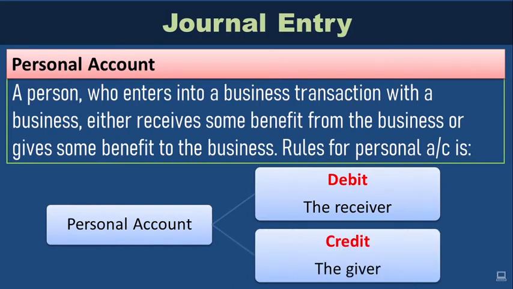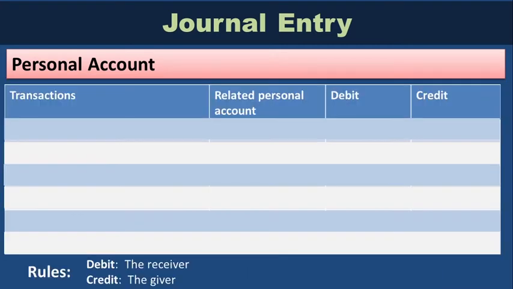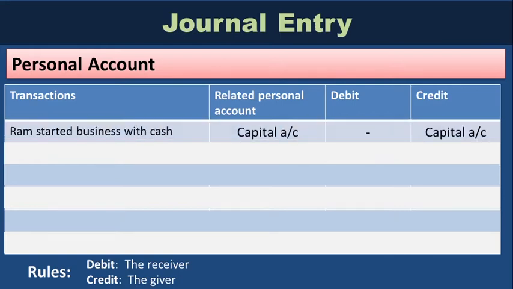Whoever is receiving the benefit is debited, and if someone is giving the benefit to the business, he is credited. Here are some examples of personal account. The first, Ram started business with cash. In these examples, I am just dealing with one single account, only the personal account.